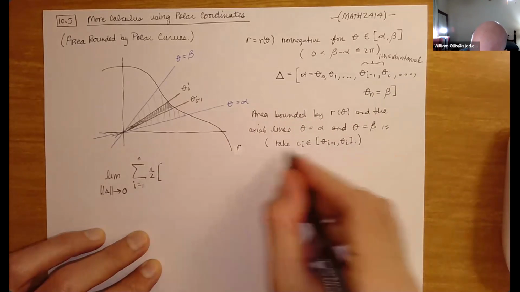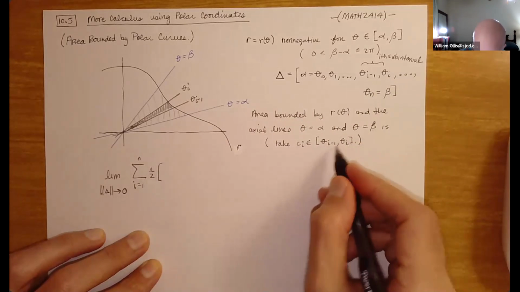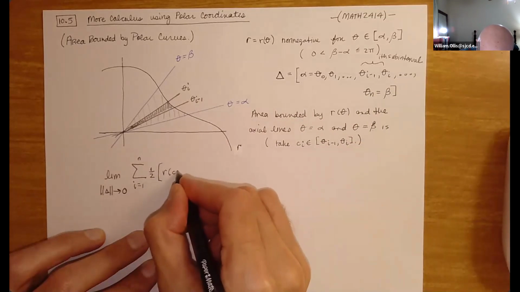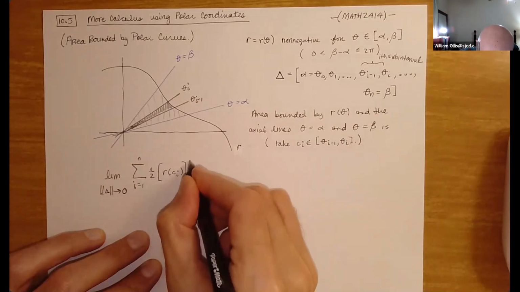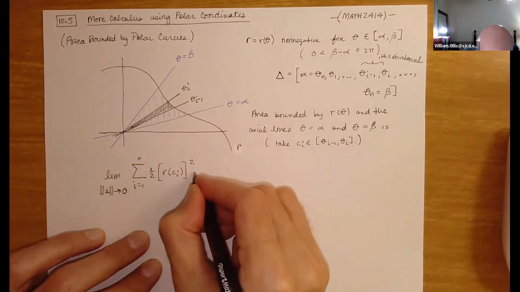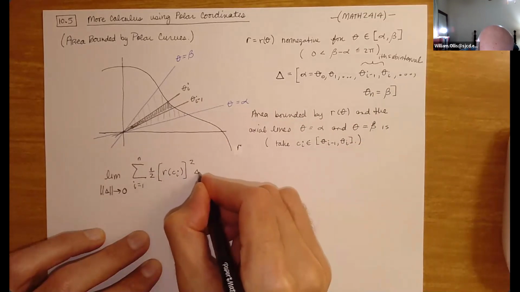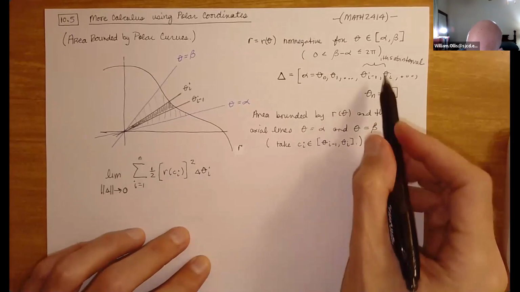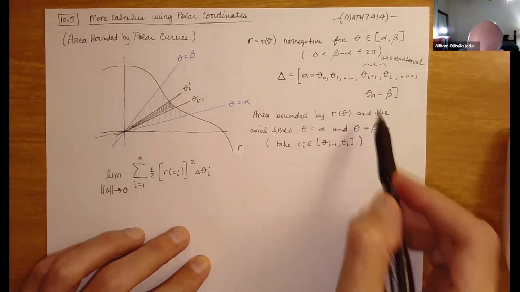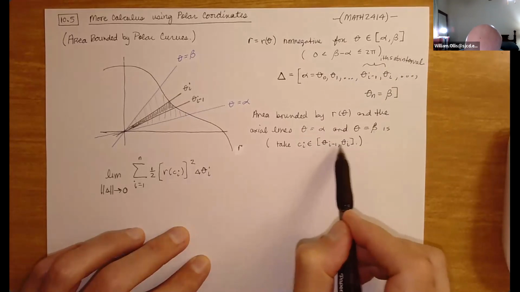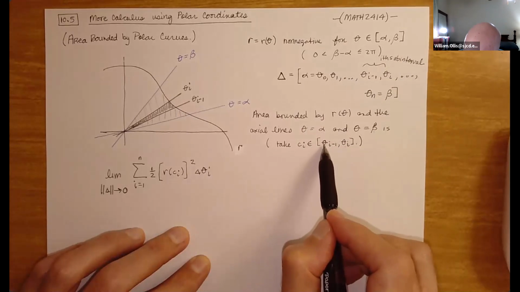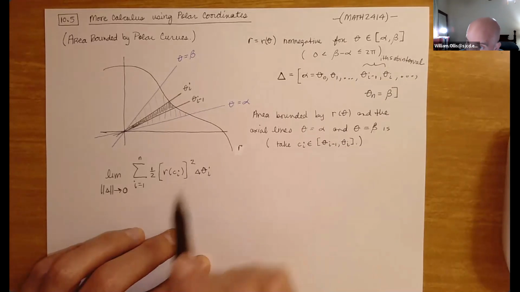In the Riemann sum, we can evaluate anywhere in the ith subinterval. So we'll say r of c sub i, quantity squared, and then of course delta theta sub i, which is just the difference theta sub i minus theta sub i minus 1.